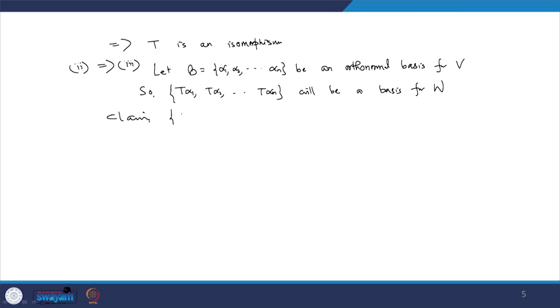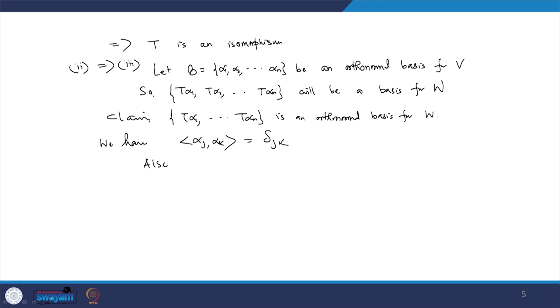Claim: T alpha 1 to T alpha n is an orthonormal basis for W. We have inner product of alpha j and alpha k equal to delta j k, and we know also that delta j k equal to inner product of alpha j and alpha k, which is also equal to inner product of T of alpha j and T of alpha k.